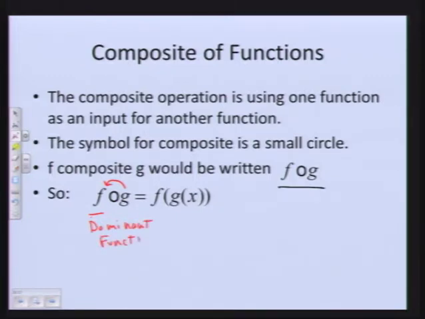This is the function that we will use to create the look of our final answer. The second function goes in for the variable that's in the first function. So that's the sequence that we're plugging this in. So f circle g means that we've taken g of x and we put it in where this would normally be f of x. We have put in g of x in its place. That's what composite means.